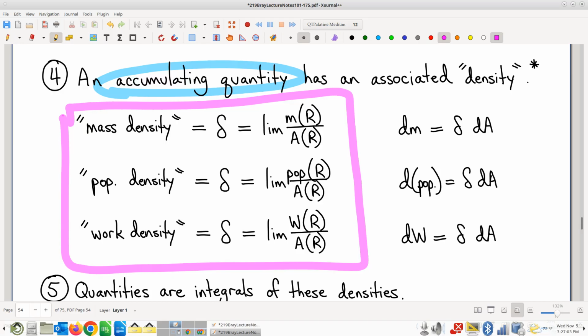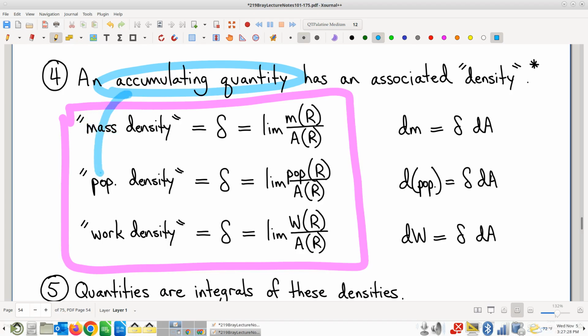Mass is an accumulating quantity. We can look at how much mass there is on any given little region, divide by the area of that region, and take limits as we get smaller and smaller. This is how you define good old-fashioned density, what I'm going to call mass density, because mass is the accumulating quantity for which this is the corresponding density.